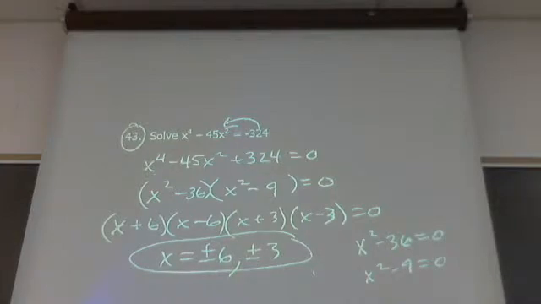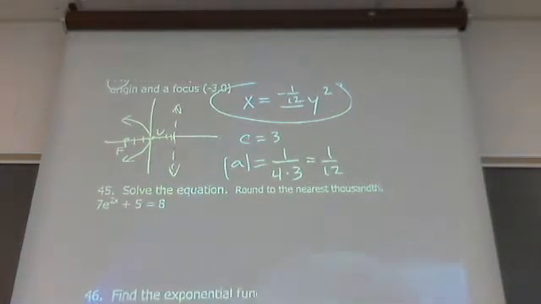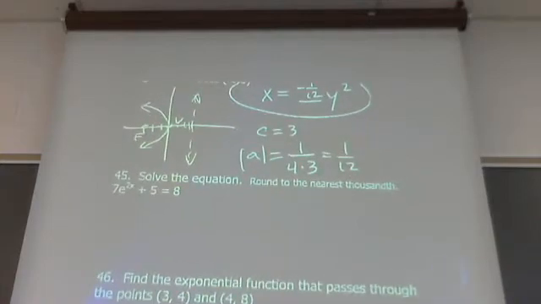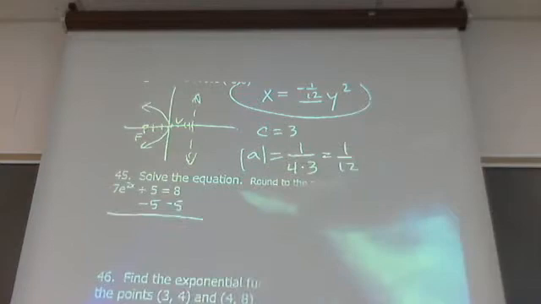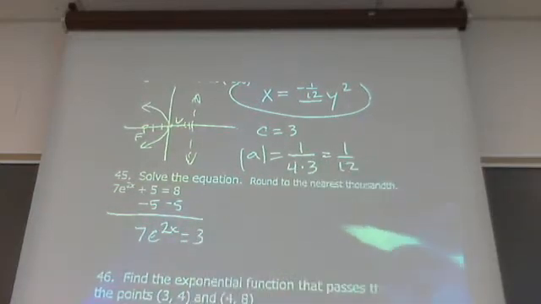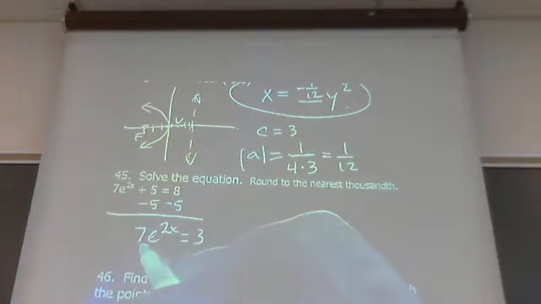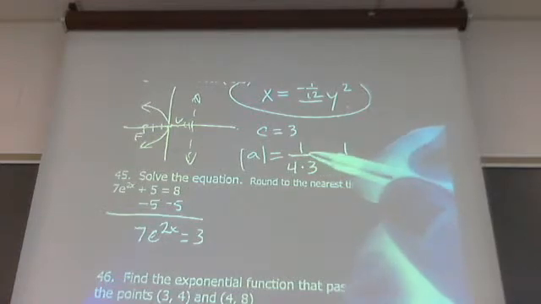I have a question about one that's not on the list, but sure. 45. 45, okay. I set it up the same way. I did ln over L3 equals that, and then I divided it by 2. So did you subtract the 5? Yeah. Okay, so you had 7e to the 2x equals 3. Then what? And then I put ln over ln3. Okay, now, you've got to take care of the 7 before you can change it to a natural log.